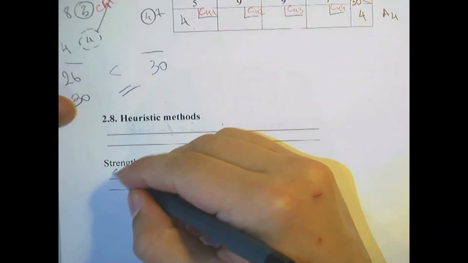So when we speak about strengths, I may say that heuristic solutions are simple and they do not require computers. Of course, we may run a heuristic solution on a computer, but we may find a solution without a computer also if we use heuristic methods. So it is a strength of such methods, but we also have weaknesses.